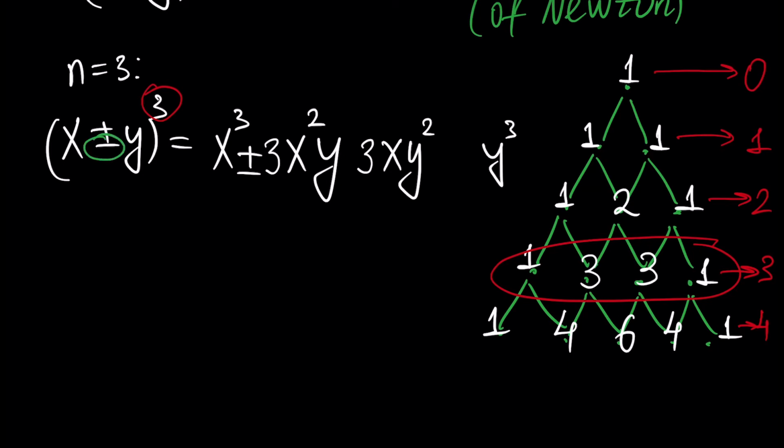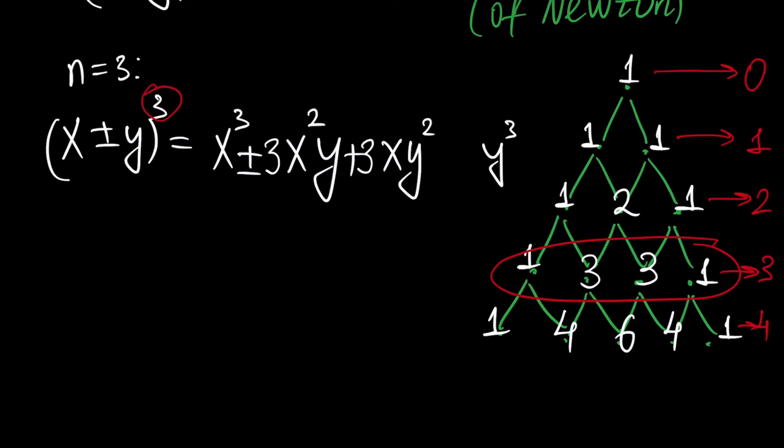If we had the sign minus, here we had y with the sign minus, and it will remain. Whereas here, since we have y to the power 2, in this case, plus y and minus y will be transformed into plus y squared. So here we will always have plus.